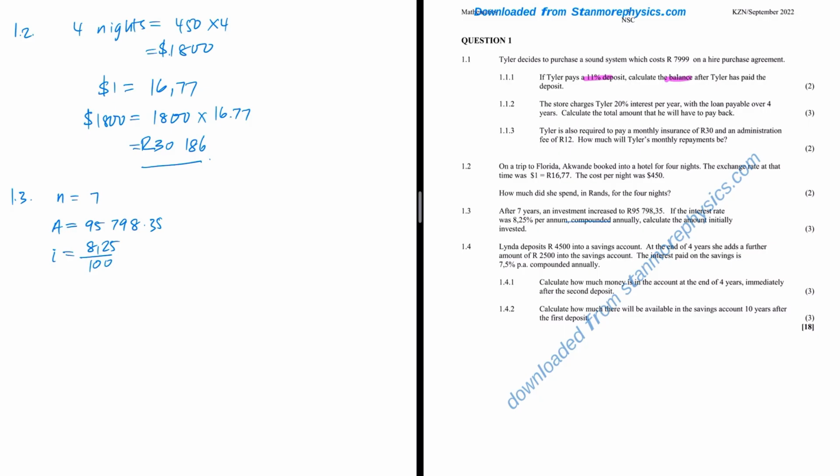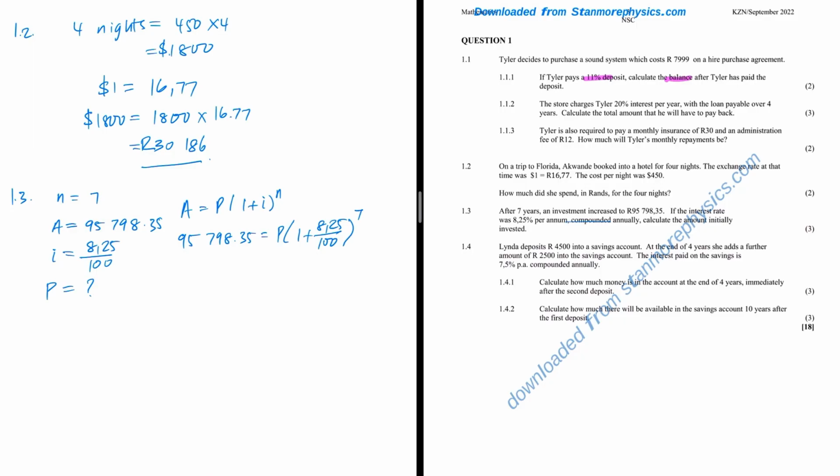And they want to know how much was initially invested. They want to know what was the P value. So we can say A is equal to P into 1 plus I to the power n, because it's compounded. It's compound interest. So 95798.35 is equal to P into 1 plus 8.25 over 100 to the power of 7.